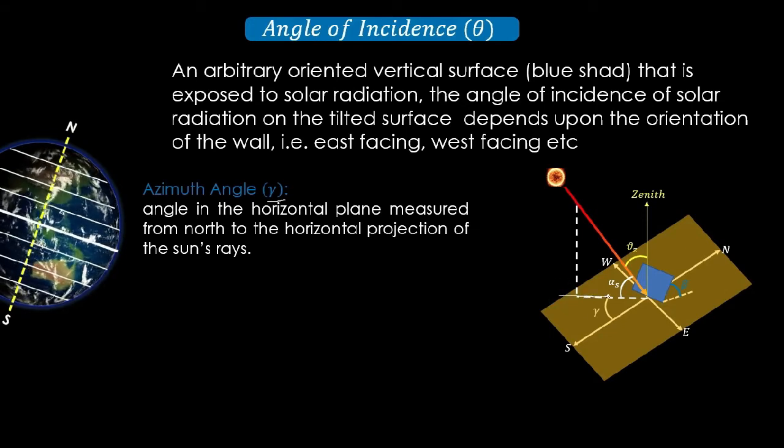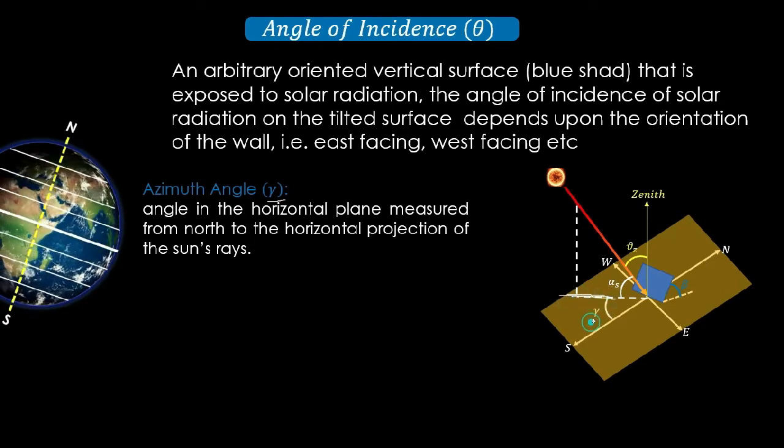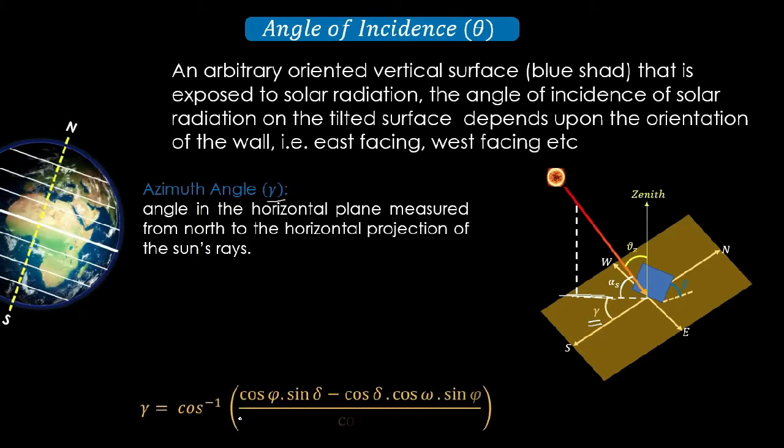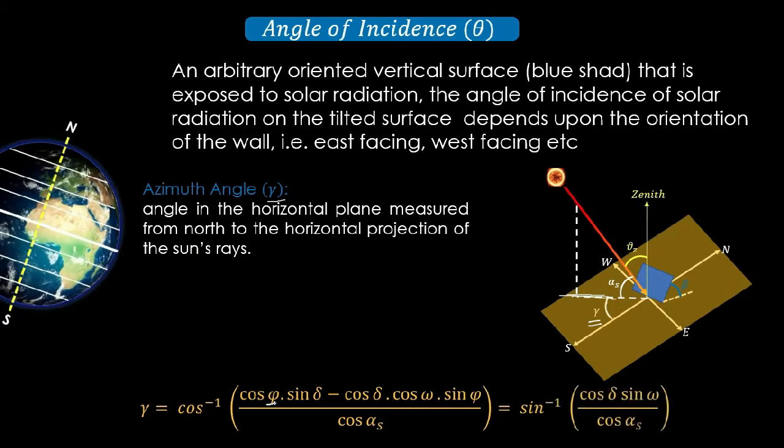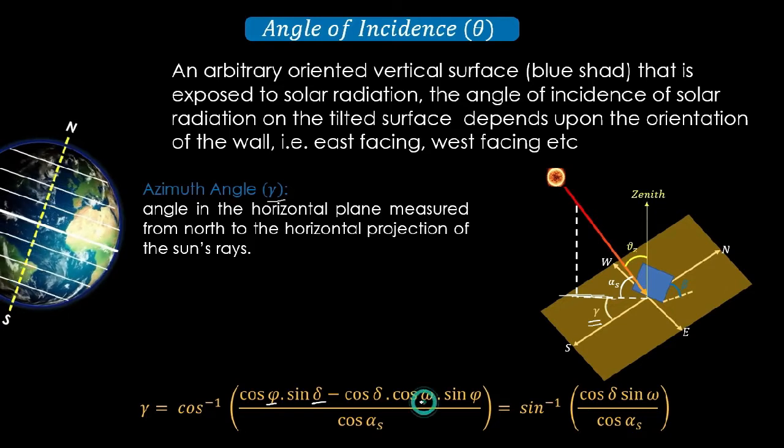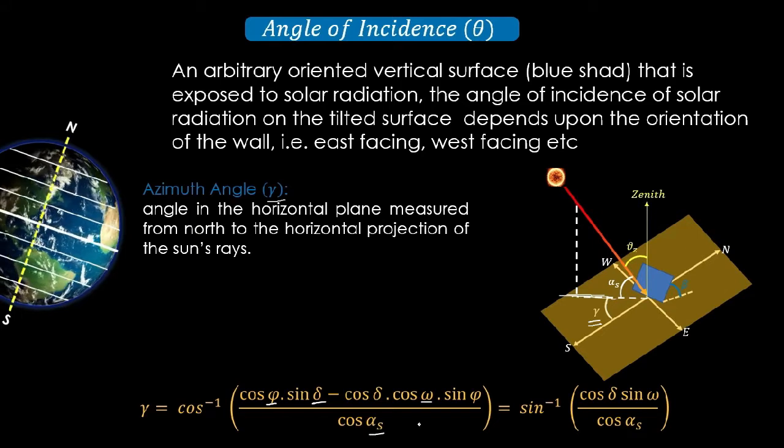The angle between the north-south and the projection of the sun rays is gamma, the azimuth angle, and this can be calculated by using this expression, cos inverse, where phi is the latitude, del is the declination, omega is the hour angle, and alpha s is the altitude angle. Or we can calculate by using this expression also: sine inverse, involving the declination, the tilt of the earth, the hour angle and the altitude angle.